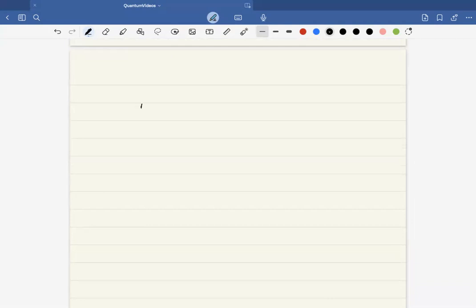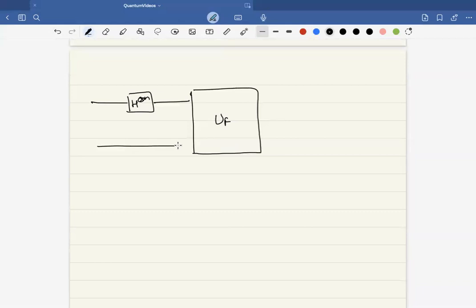So let's go to the circuit, the Simon circuit. Let me draw the Simon circuit. We have the Hadamard power n, and then we have this oracle U_f, and these are multiple wires.